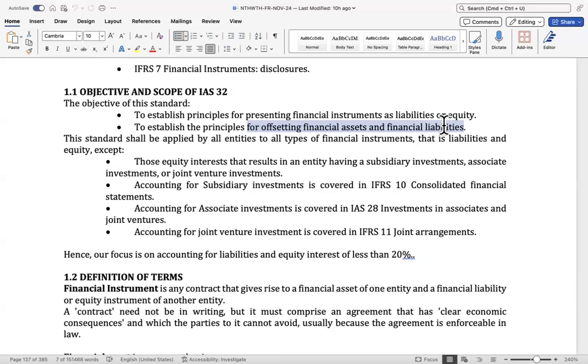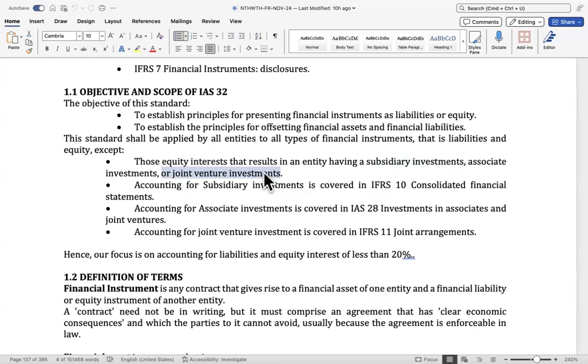So it is an equity instrument investment. The difference between group accounts and here is that it depends on the volume of shares they are buying. By the time you buy shares in another company and it results in a subsidiary investment, associate investment, or joint venture investment, then it's already beyond the scope of IAS 32.